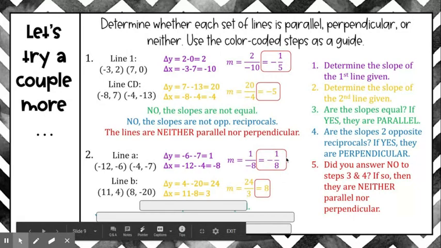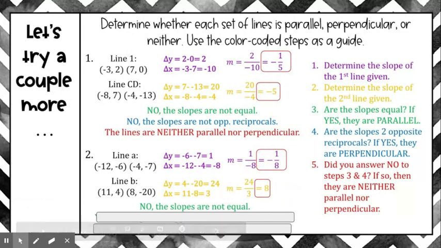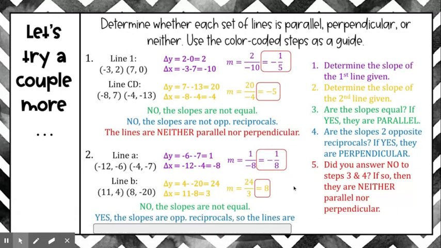We have negative 1 over 8, and then we have 8. So number 3, are the slopes equal? No, the slopes are not equal. So they're not parallel. Are the slopes two opposite reciprocals?